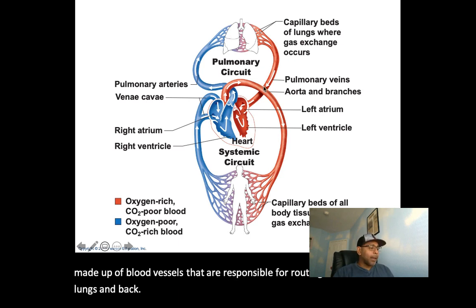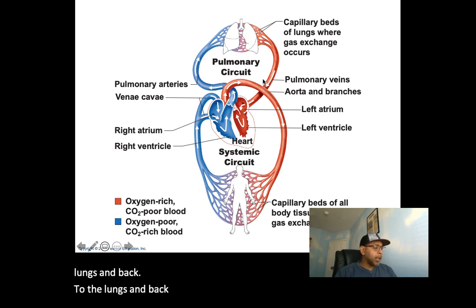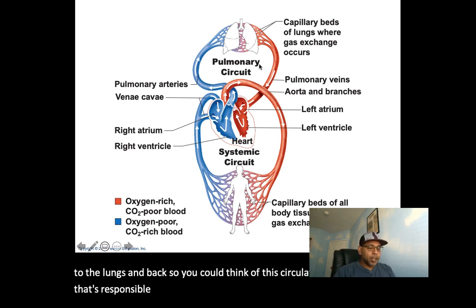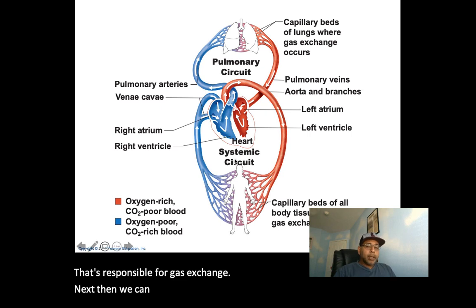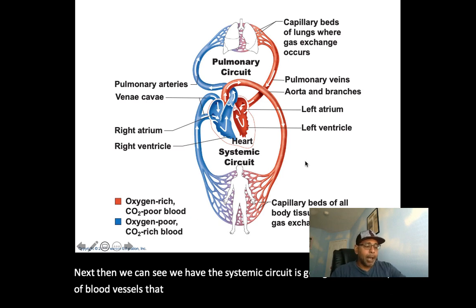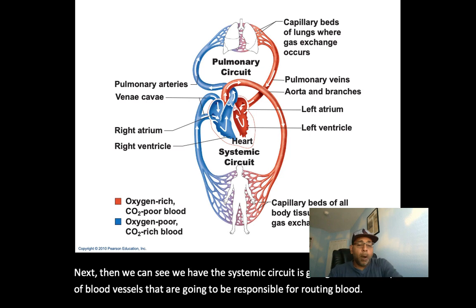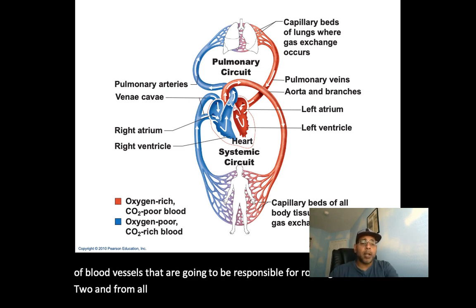You could think of this as circulation responsible for gas exchange. Next, the systemic circuit is made up of blood vessels responsible for routing blood to and from all body tissues.